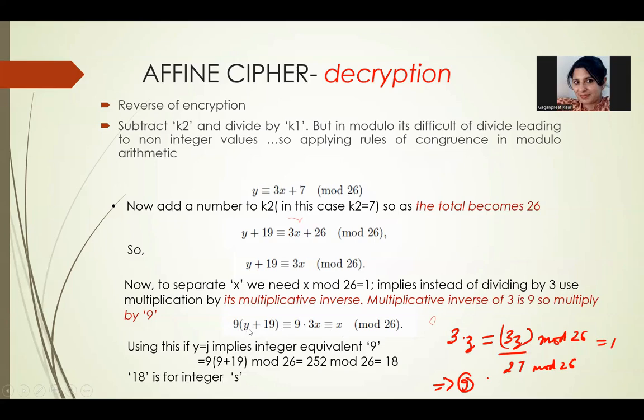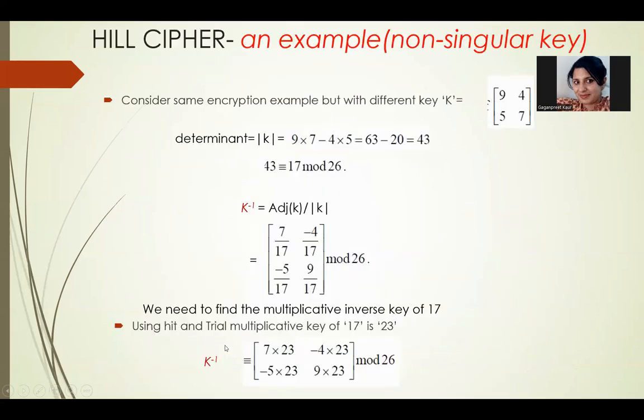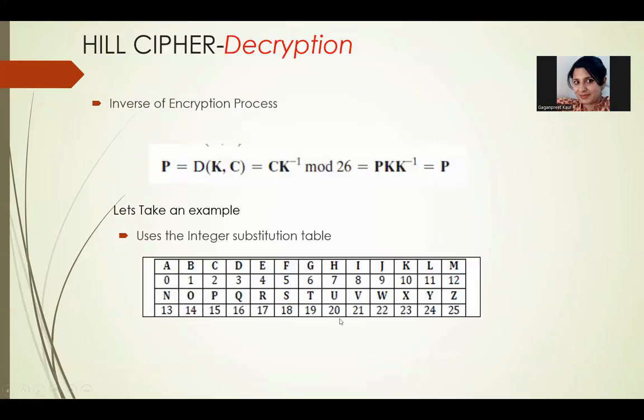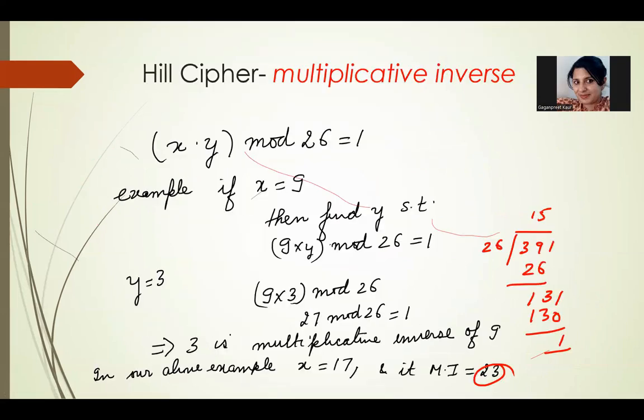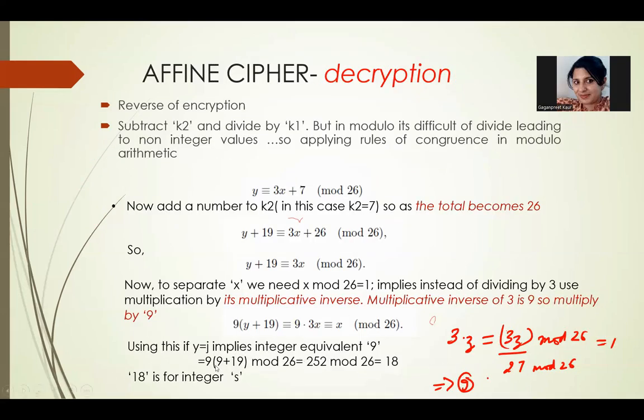Now what is y? The integer equivalent of the ciphertext. So what was my first ciphertext here? The word was sale, and the ciphertext was JHFO. The first character in place of s was J. If I find the value of J from the substitution table, it is 9. So I just apply that: 9 into (9 plus 19), it gives 252.